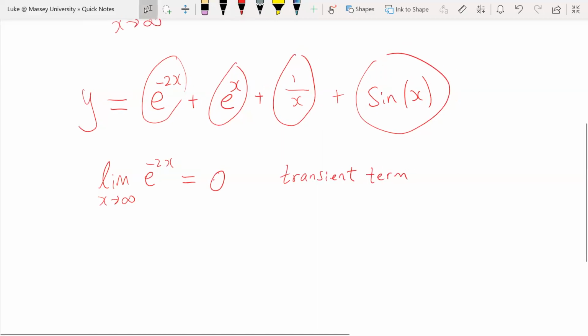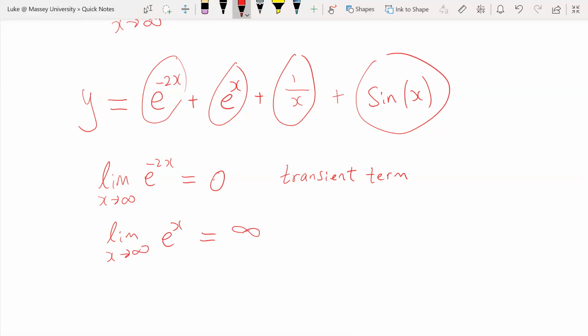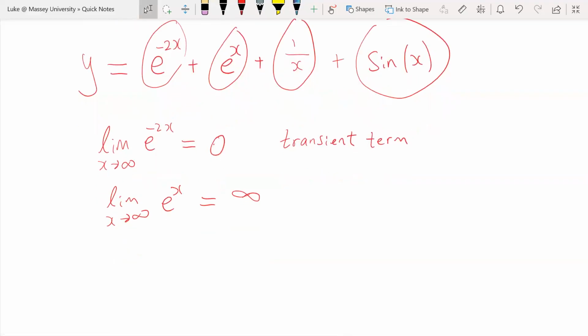Then let's check the next one. The limit as x goes to infinity of e to the x. Well, as x goes to infinity, e to the x goes to infinity, so it's not a transient term. Let's check the next one. The limit as x goes to infinity of 1 over x. As x gets larger and larger, 1 over x approaches 0, so this is a transient term.